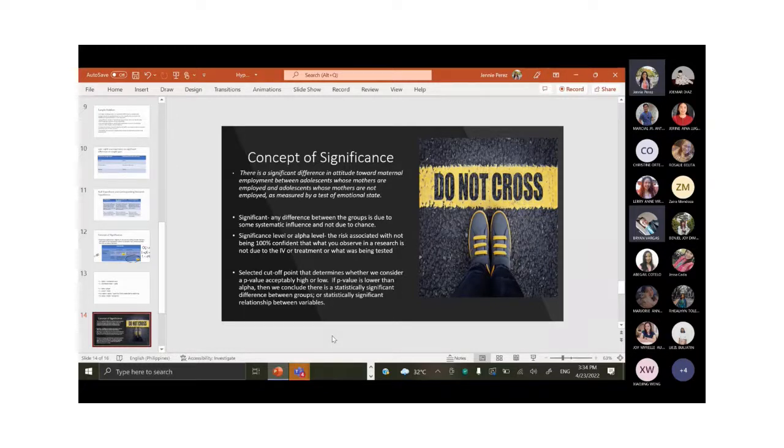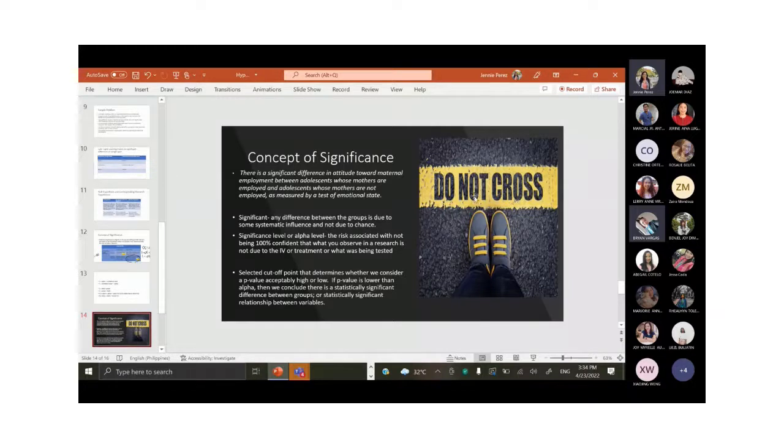You have a certain boundary, do not cross. We allow only a certain margin for error in our estimation, and if it goes beyond that 0.05, then we are already committing a type 1 error. Okay? We are committing a type 1 error.